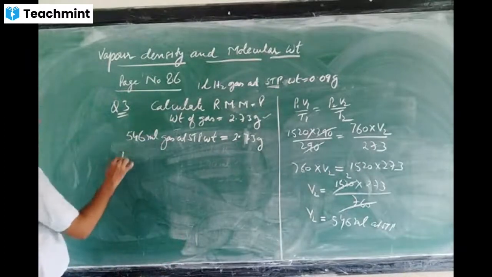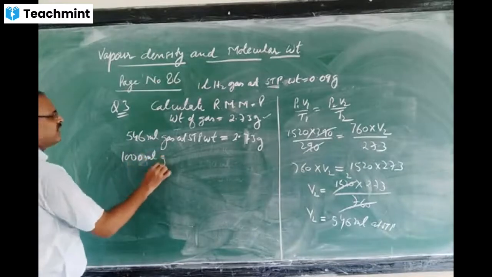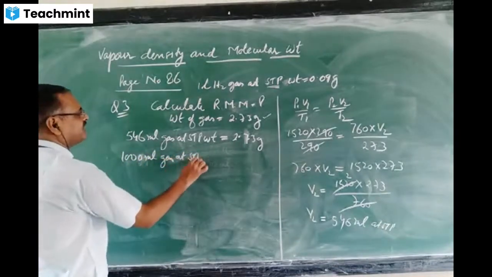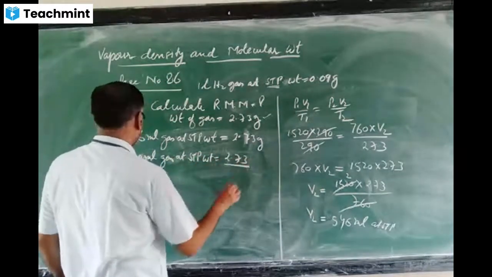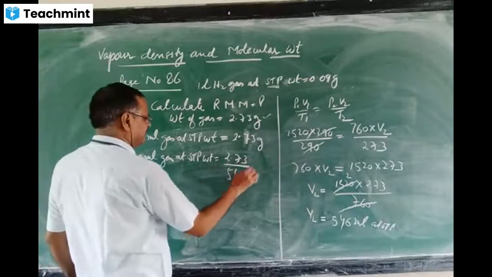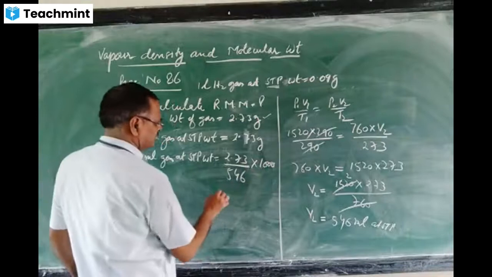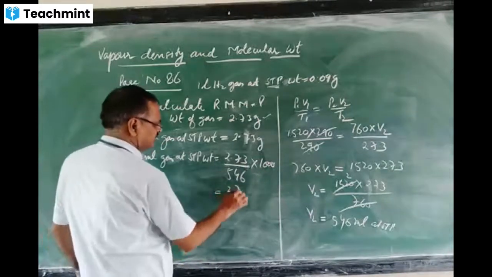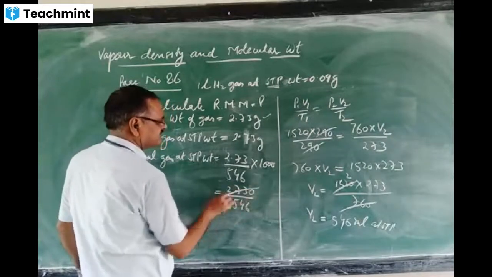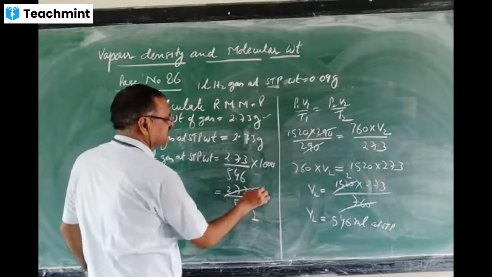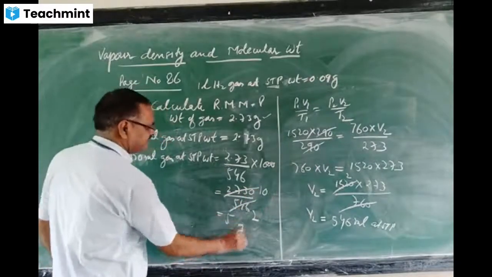Then 1000 ml gas at STP, weight is 2.73 divided by 546 into 1000. So this will be 2730 upon 546. This is twice 273. You are getting this 5 gram.